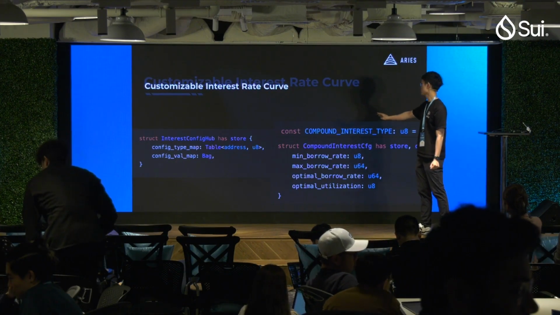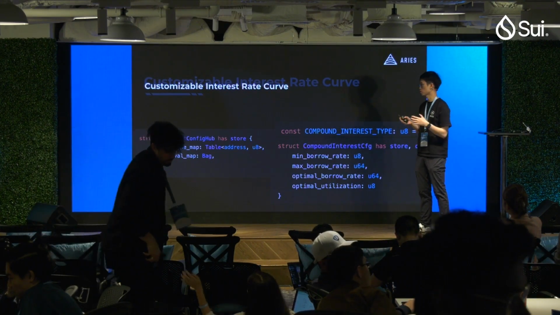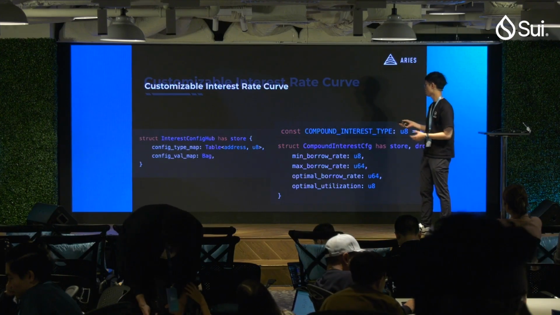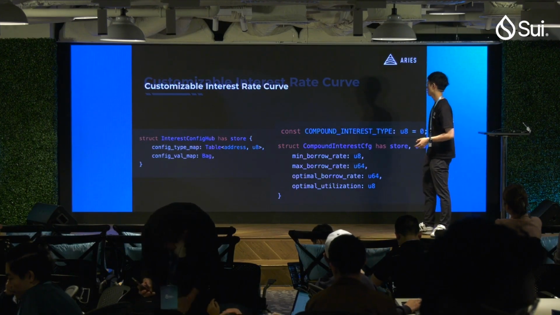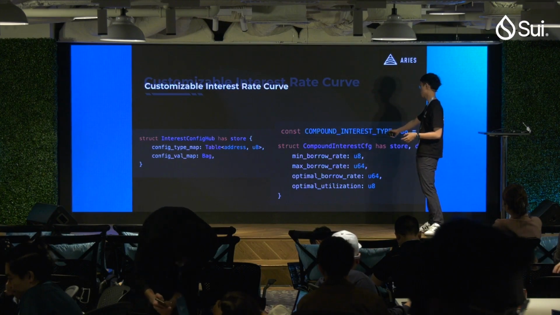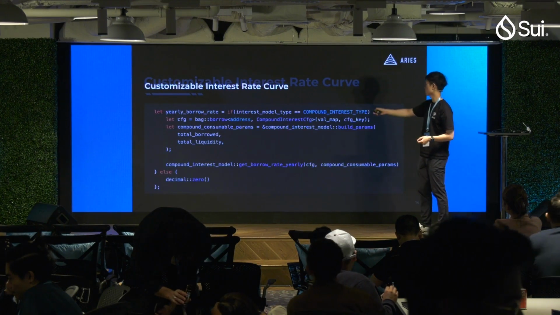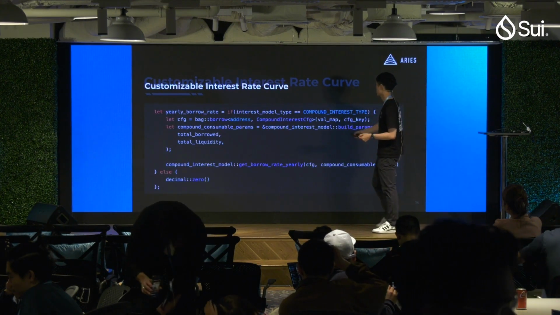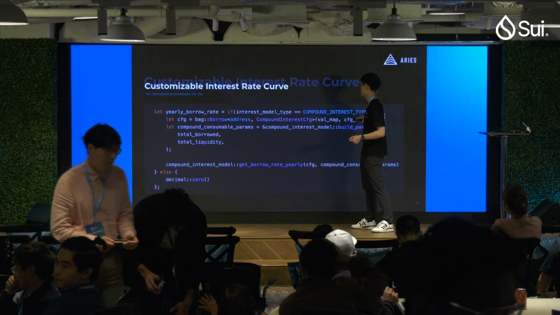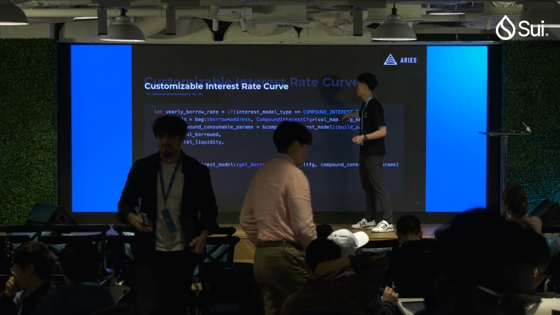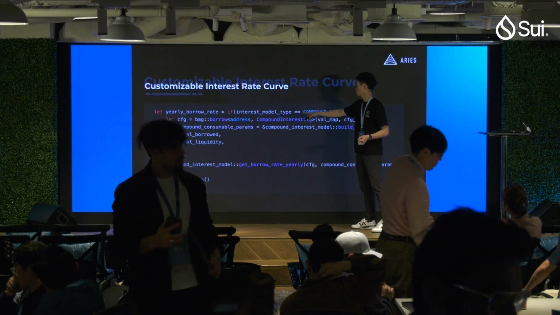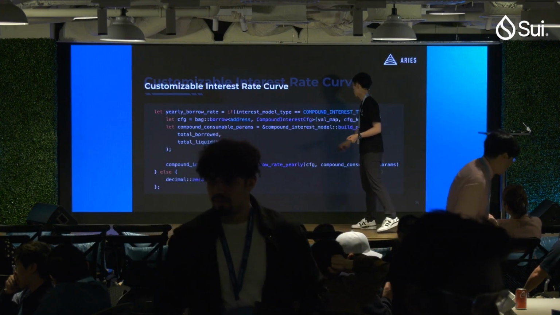And then once we know the exact type that the reserve interest needs to use, we can fetch it using the bag. We can use the compound interest config. And as we show in the next slide, we will first get the compound interest type. And once we know it's compound interest type, we can use bag borrow and address compound interest config.